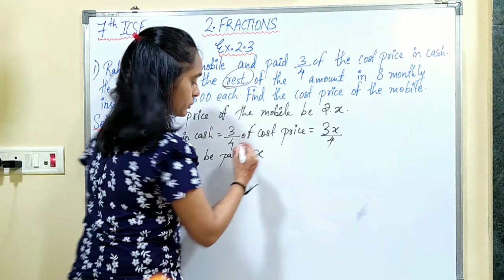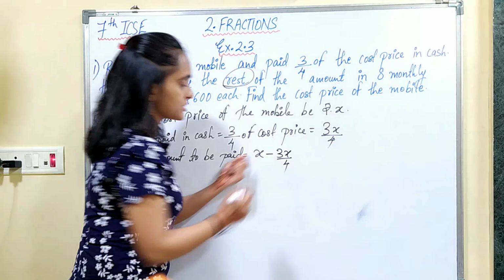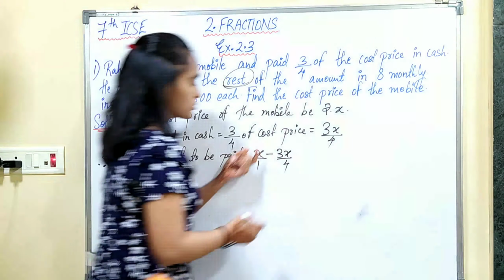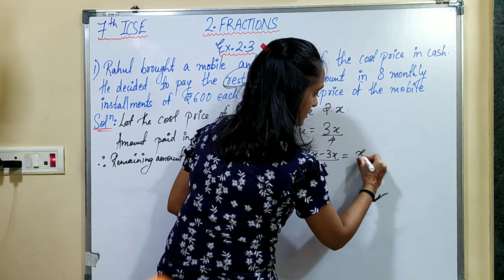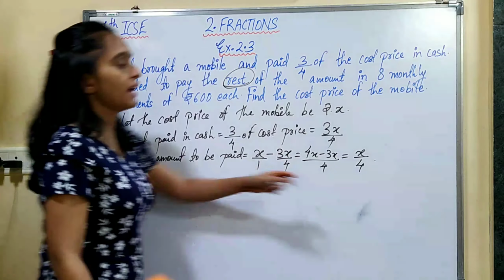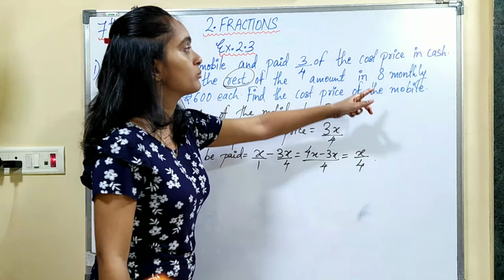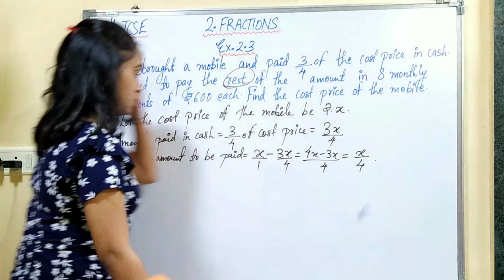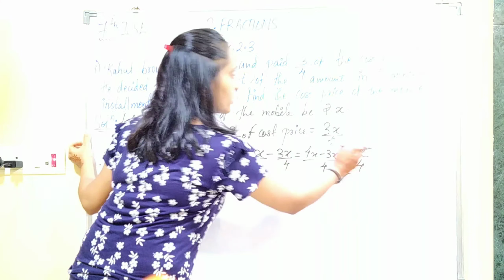So remaining amount will be x minus 3x upon 4. As here x means x upon 1, so here LCM will be 4. So it will become 4x minus 3x upon 4. So that is x upon 4. So the remaining amount is x upon 4 and he is paying this amount in monthly installments of rupees 600 each till 8 months.